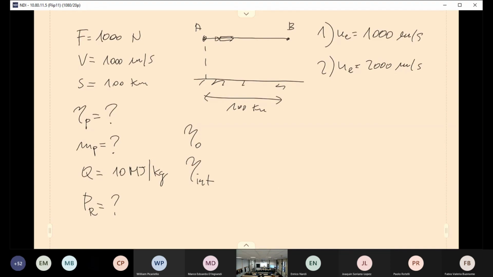So propulsion efficiency. You complete propulsion efficiency. In the first case, the residual power of the jet is trivial.